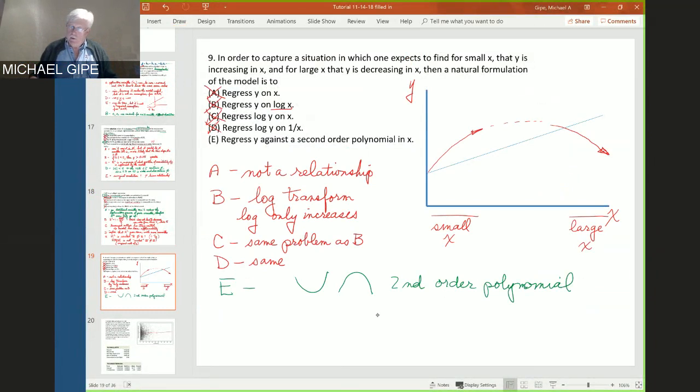So for example, y is a function of x squared would be a second order relationship. And if we wanted to undo that, we would regress against a second order polynomial of some sort. So if we want to correct that second order curvature, we would regress against a second order polynomial, converting it into a linear relationship.